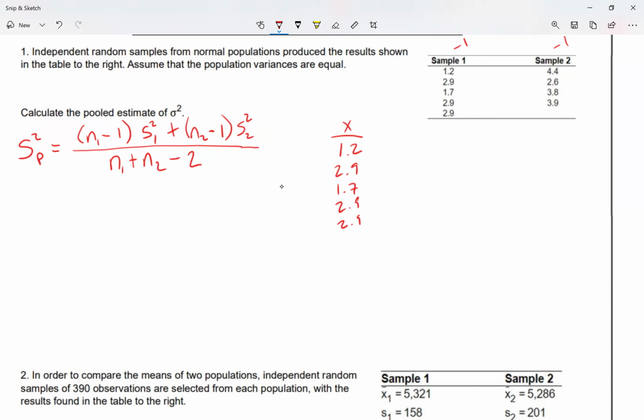So 1.2 plus 2.9 minus 1.7 plus 2.9 plus 2.9. Press enter. So it gives me 8.2. Divide this by 5 because there's 5 of them. So let me just say the average of 1 is 1.64.